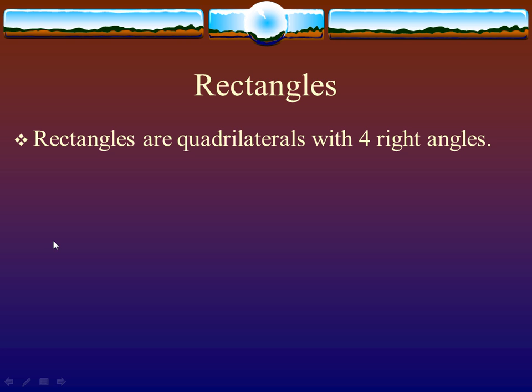All right, this is the definition of rectangles. A rectangle is a quadrilateral with 4 right angles. So a quadrilateral that has 4 right angles.